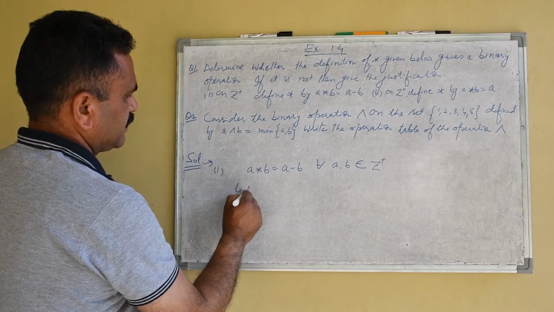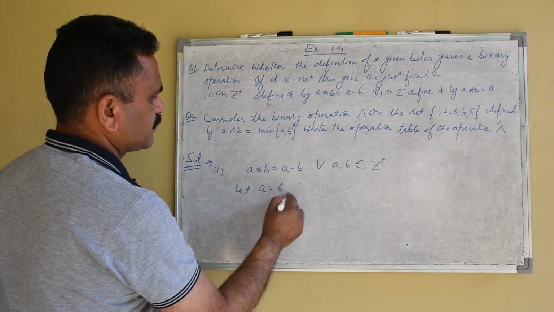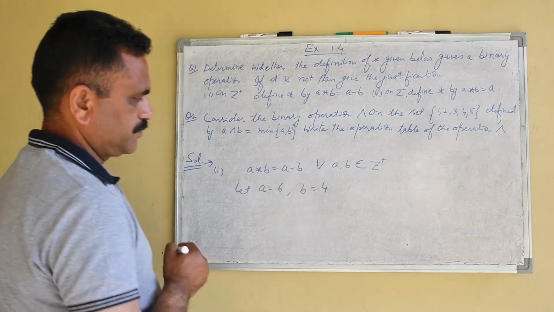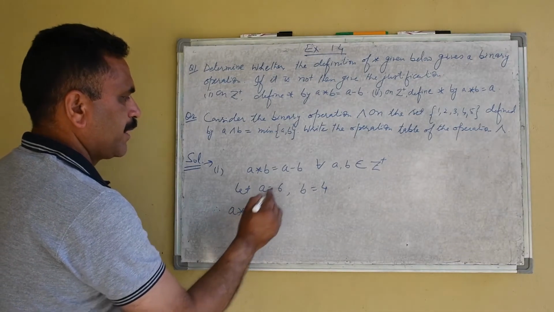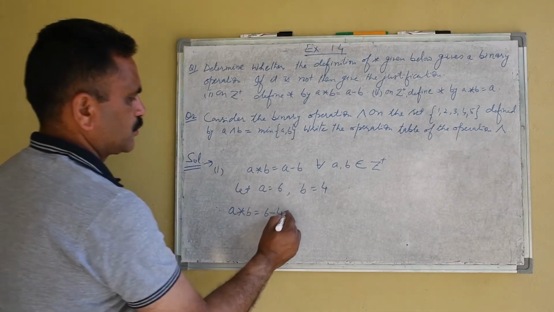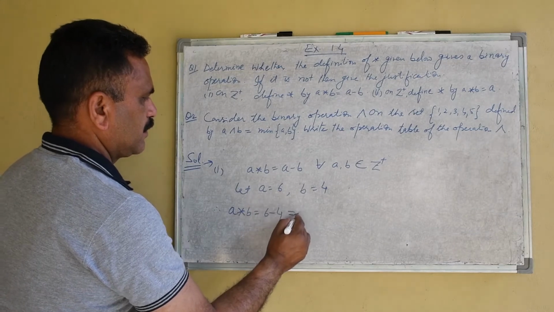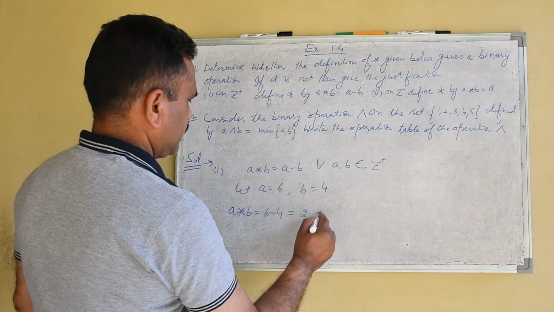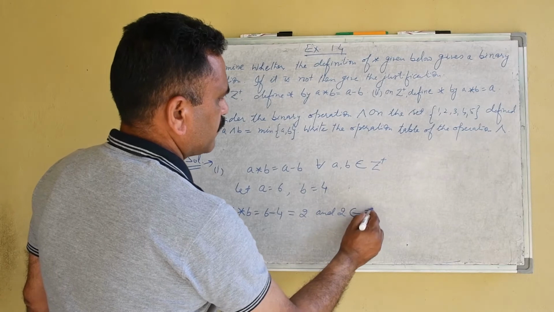So let a is equal to, for example, 6, and b is equal to 4. Therefore, what is a star b? This is equal to 6 minus 4, which is equal to 2, and 2 belongs to Z plus.